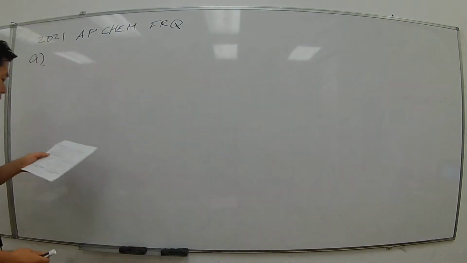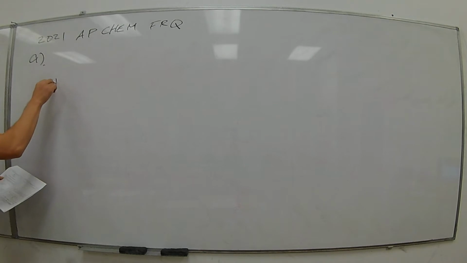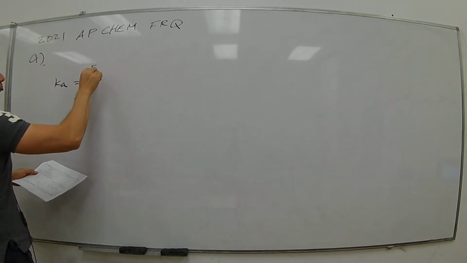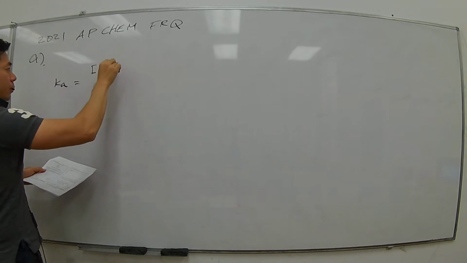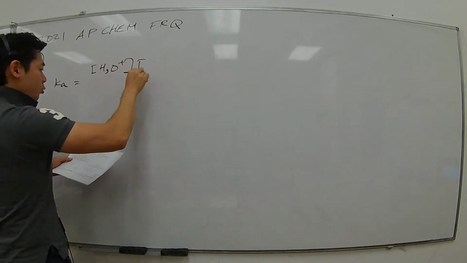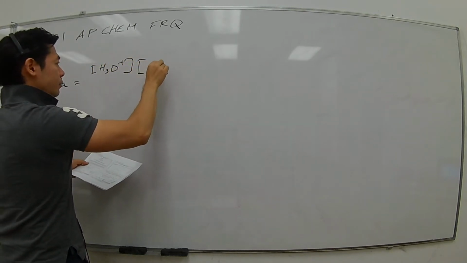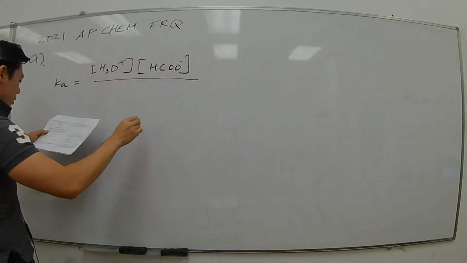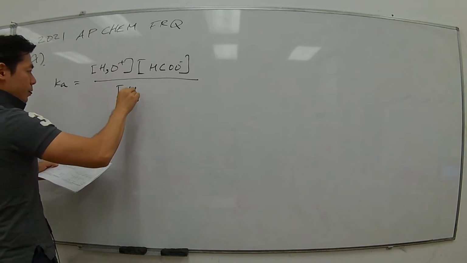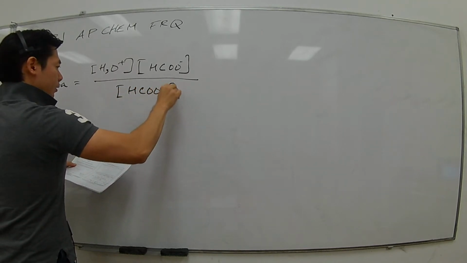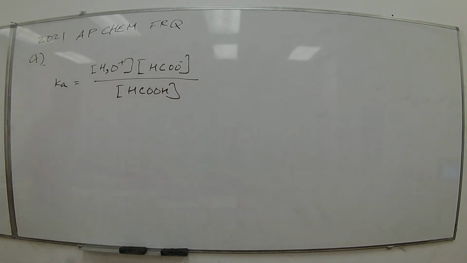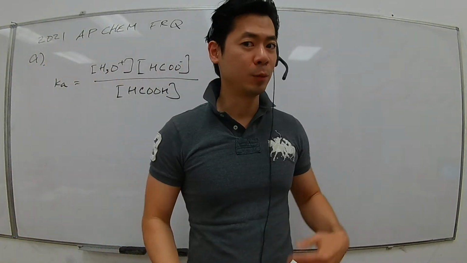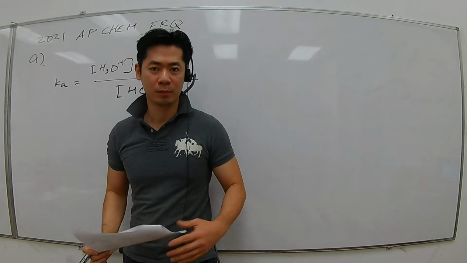As we know from the acid dissociation, Ka is equal to the concentration of H3O+ times the concentration of HCOO- divided by the concentration of the acid, which is methanoic acid. That becomes the expression for Ka, which will be a very simple 1 point for the first FRQ question.